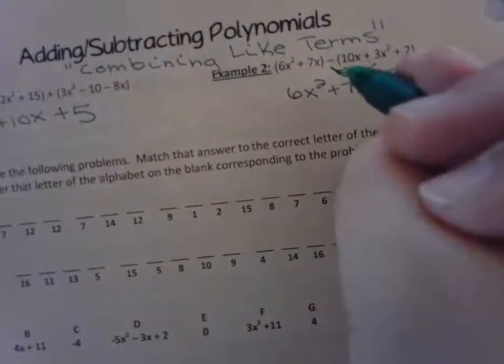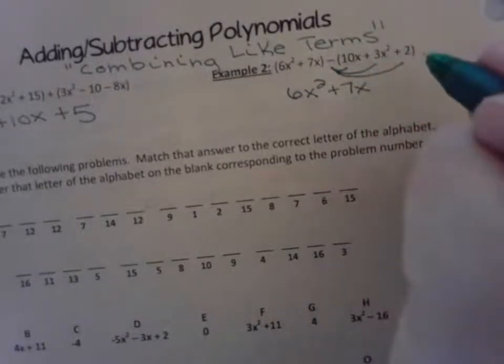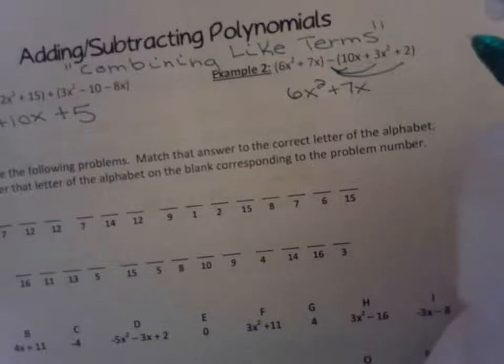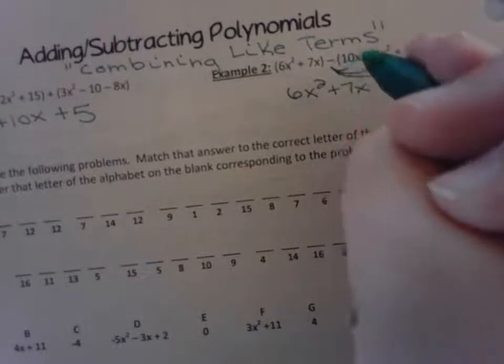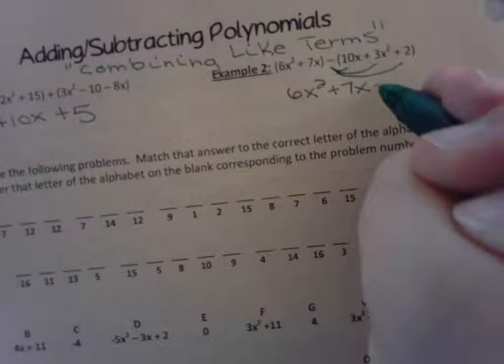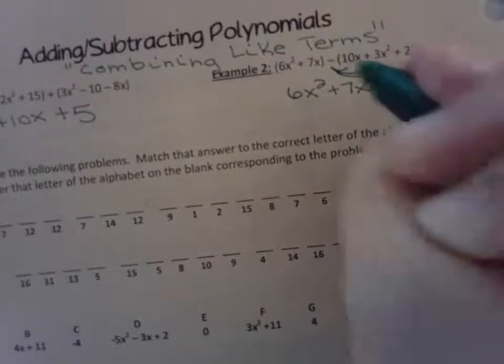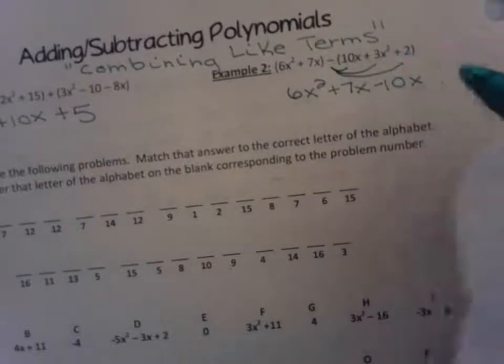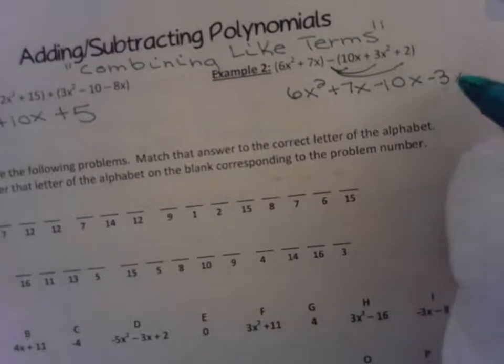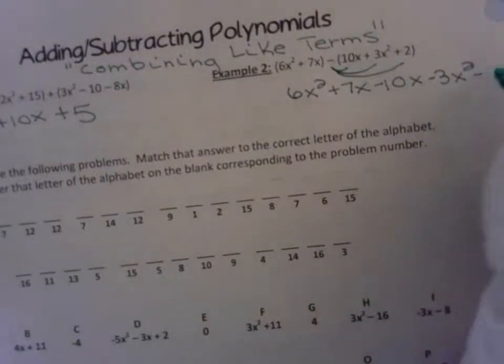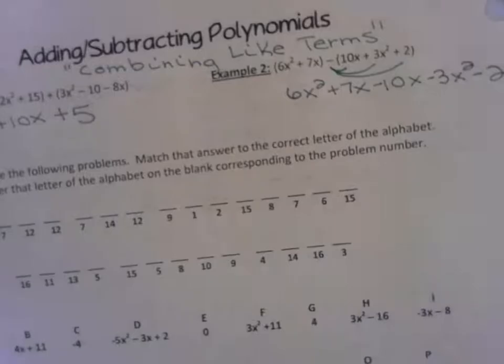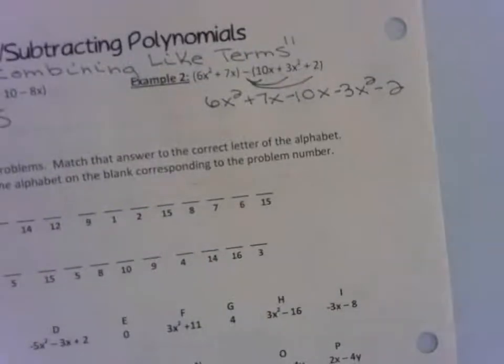When you are subtracting, I would distribute your negative through first, so that way you don't forget to take care of the negative. Negative times 10x is negative 10x. Negative times 3x squared, and then negative times 2 is negative 2. So only if you're subtracting do you have to distribute the negative through. Then you can start combining.